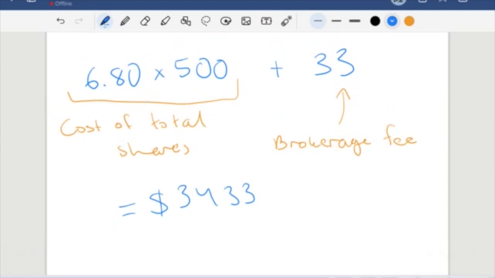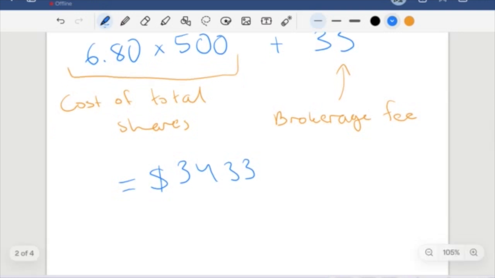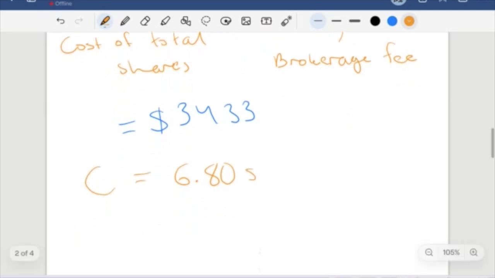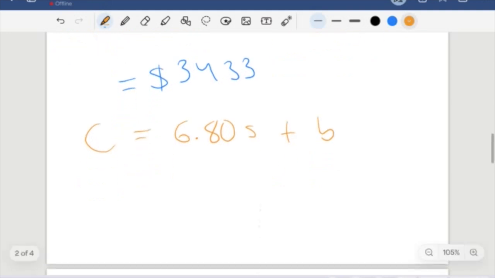Now, just a really quick side note on this, what we basically have here is a linear relationship, because we talked about them about two videos ago. Think about it. Let's say we have a cost of C, which is going to be the price, $6.80, for each one share. So let's call that S, for example. So $6.80 times S, the total number of shares, plus, let's call it B for a brokerage fee. Is this any different to y equals mx plus b?